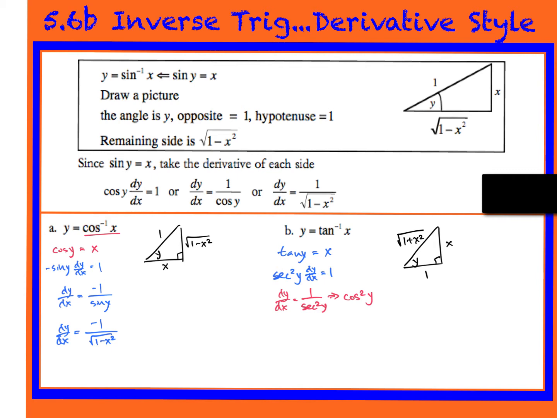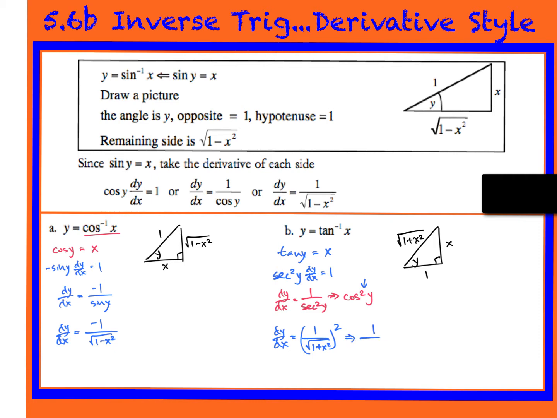All right, so now let's evaluate it. So now dy dx is equal to, what is the cosine of y? 1 over the square root thing. So now we have 1 over the square root of 1 plus x squared. But what do I want to do to it? I square it. So when I square it, what do I get?